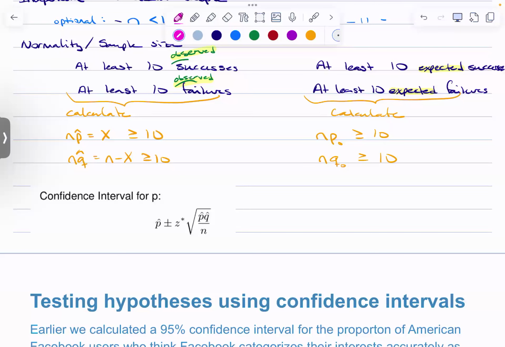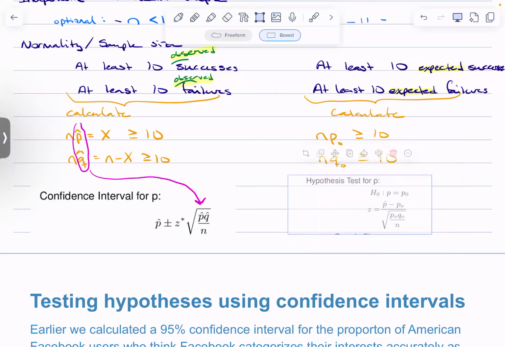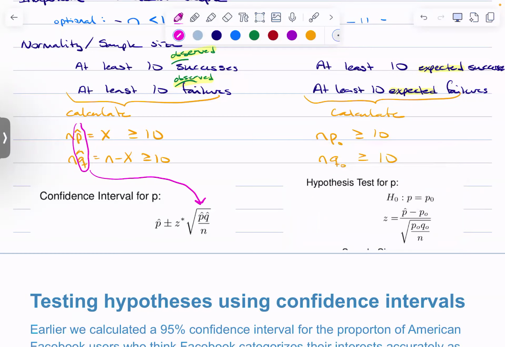Notice that your p hat, q hat is in the square root, whereas for a hypothesis test, you have p naught, q naught in the square root. Kind of helps guide you, right? Which one to use, right?